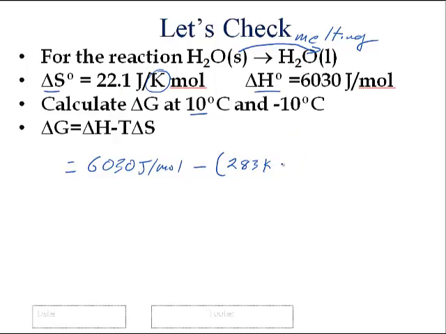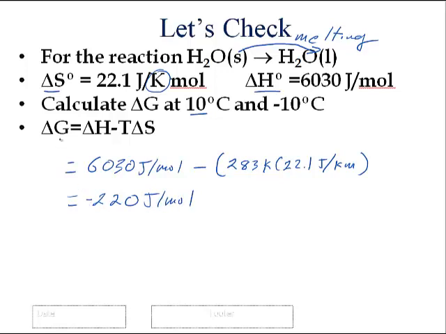22.1 joules per Kelvin mole. And when I work that out, I multiply those and subtract that from 6,030. The number I get is a negative 220 joules per mole. Now, what do we know about G?